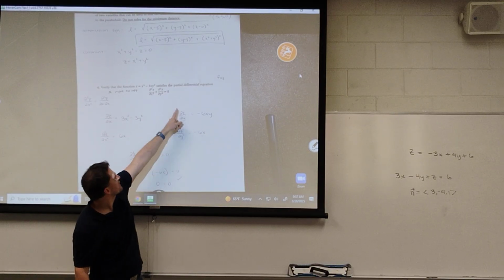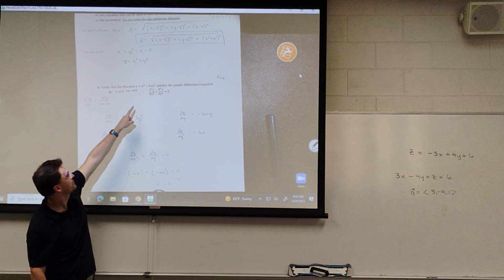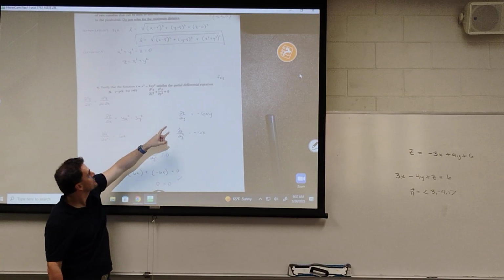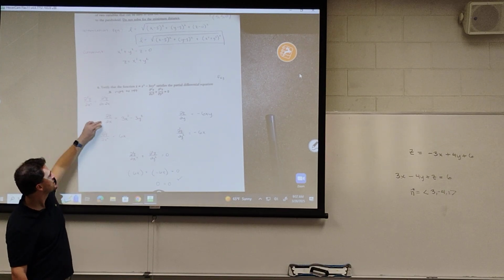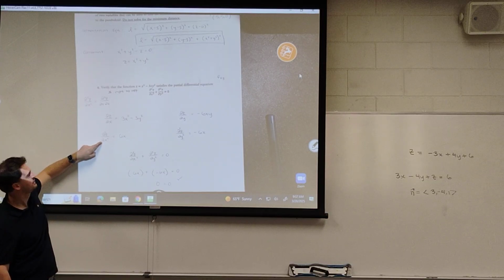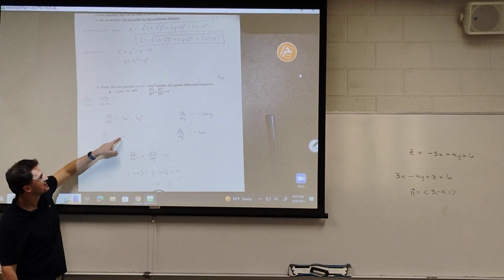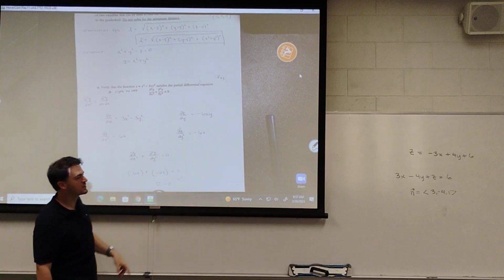Taking the derivative with respect to y. And x to the third is just a constant, so it drops off. And over here, that would be negative 6xy. Now take the partial again with respect to x. So I get 6x. With respect to y again, negative 6x.